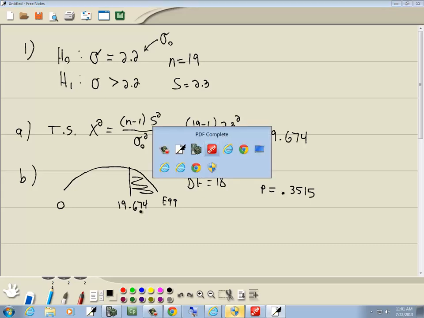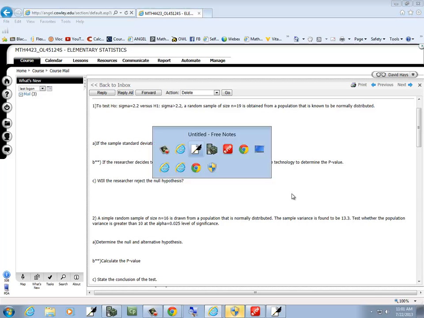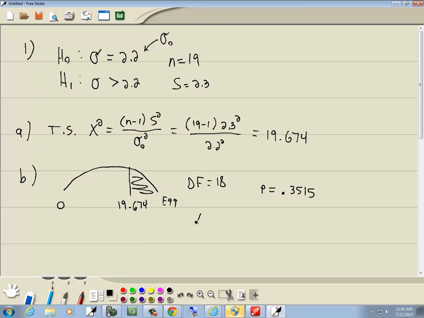Now C, your question says, will the researcher reject the null hypothesis? Well, this is where you're comparing alpha, which is 10%, so alpha is 10%. And then you just compare the p-value against alpha.